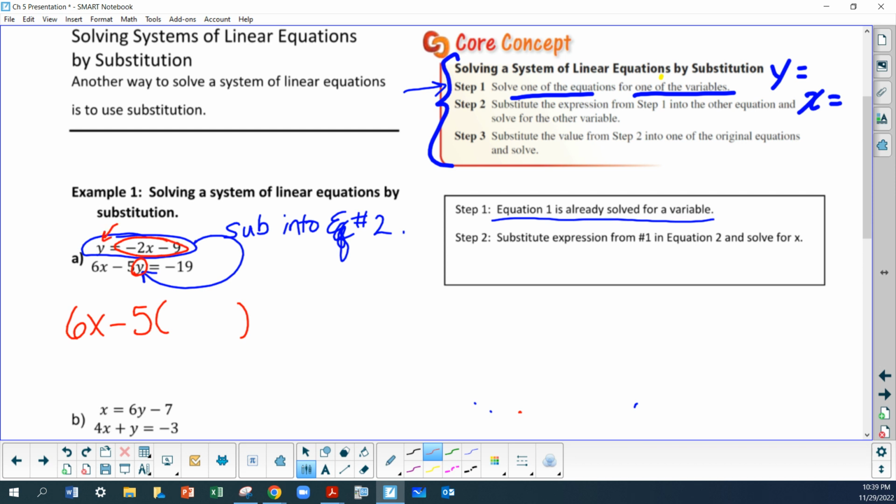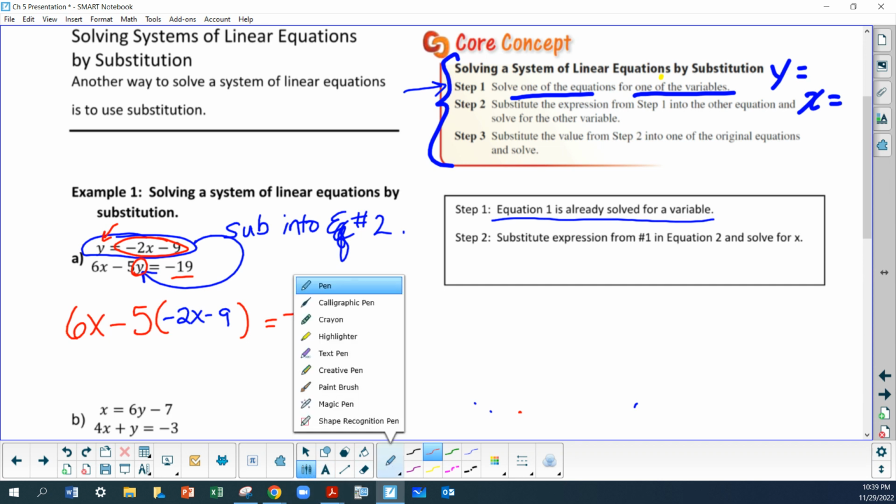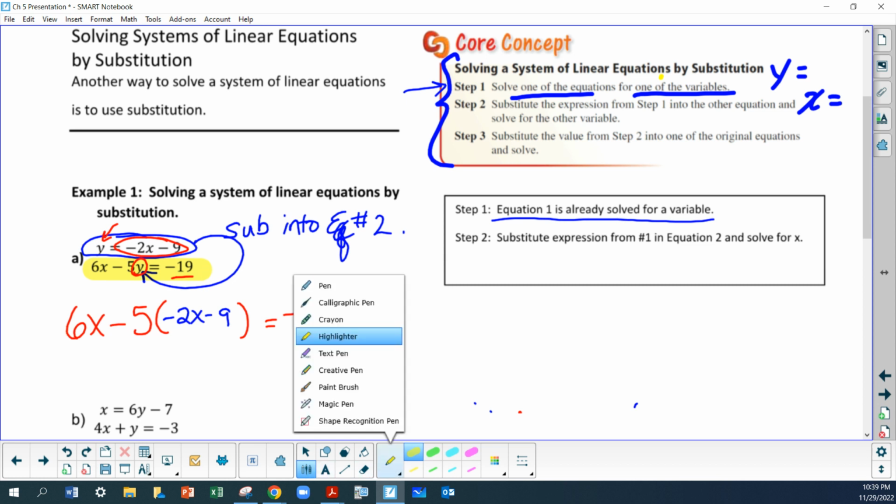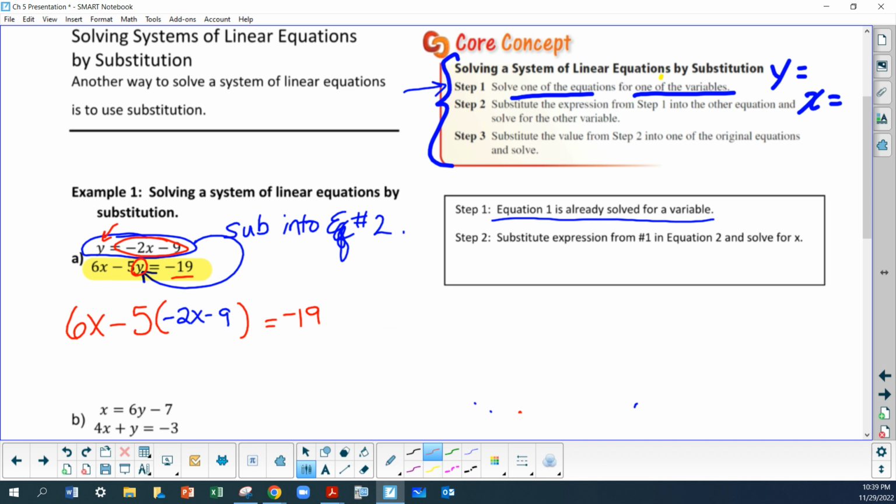Because notice in the first equation, it talks about y equaling negative 2x minus 9. So I'm going to put negative 2x minus 9 in replacement of that y. And then I know it equals negative 19. So I'm really following along with this second equation, but substituting, in fact, for that y value.